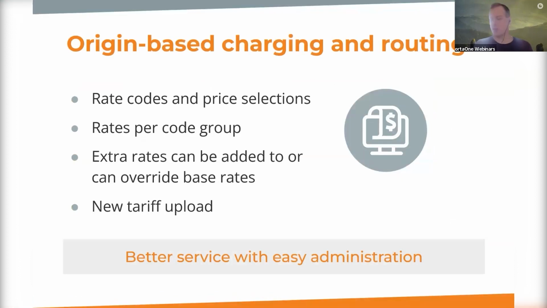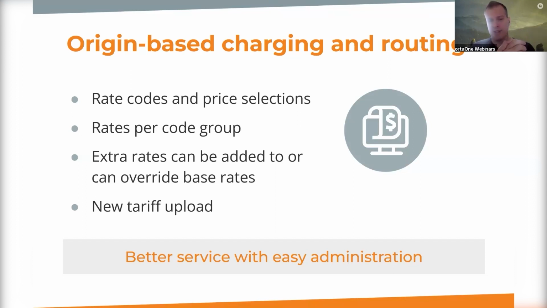And the first one in my list is basically the biggest feature that we've developed in quite a while, probably in several years. And that is origin-based charging and routing. You are probably well aware that some scenarios when the charging depends not only on destination, but also on origination, have already been supported by PortaSwitch for a few years.